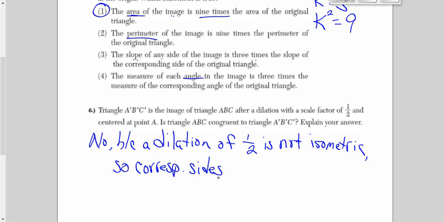Not congruent. You say not equal, right? Why can't I say no, because the dilation of 1/2 is not a rigid motion? Well, they usually want you to explain in more detail. You understand, right? To make it congruent, all the corresponding sides have to be congruent. Triangle, side, side, side. So in other words, you wouldn't get side, side, side. Okay? All right.